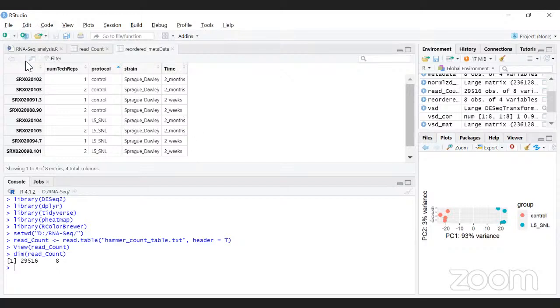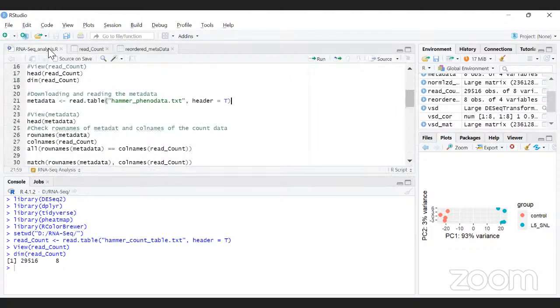The variation that is captured by RNA-seq in these samples, is it mainly due to the protocol or due to time? That is something we would want to see, which is the main variation-causing source. That answer is given only through exploratory analysis.